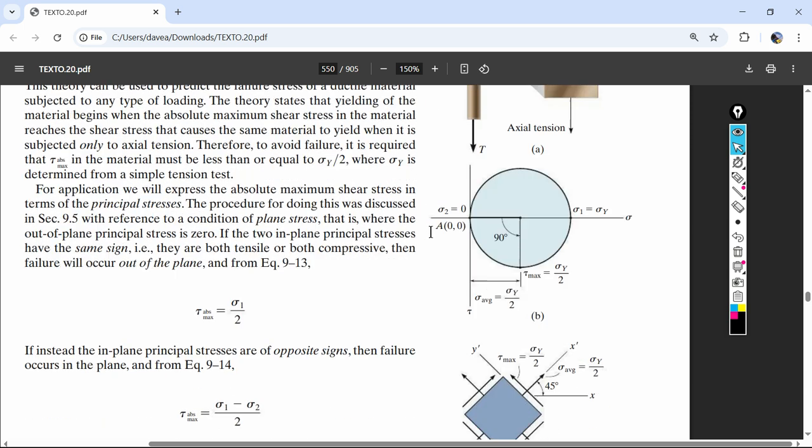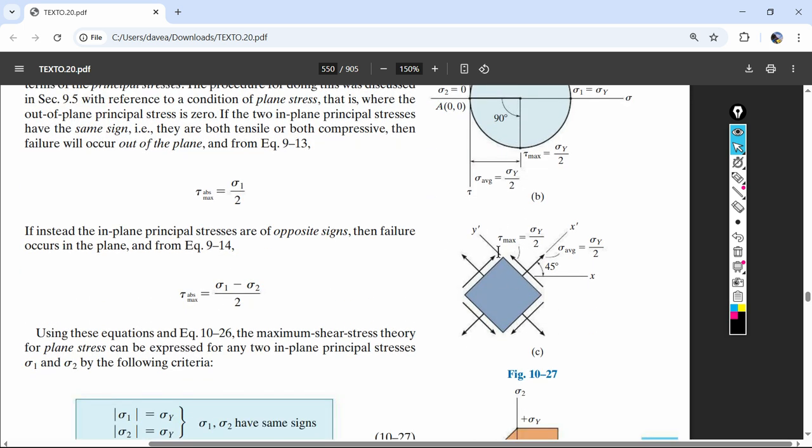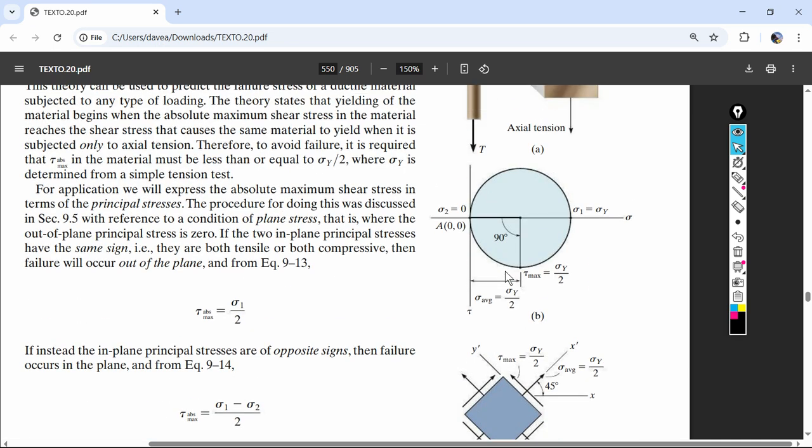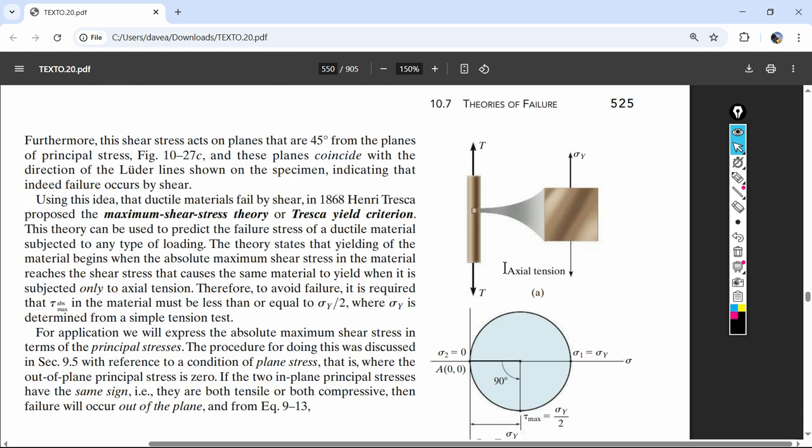And those planes of shear don't matter. Negative shear and positive shear are about the same thing, so it really doesn't matter if it's in tension or compression.